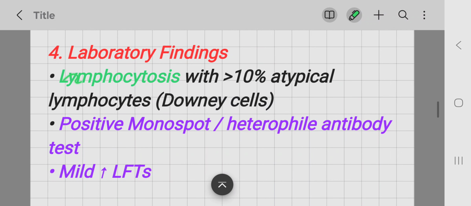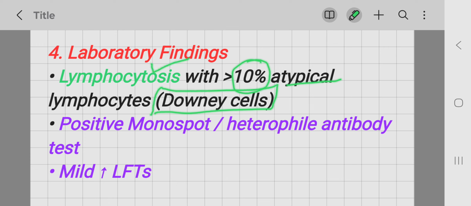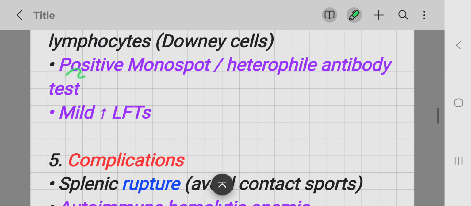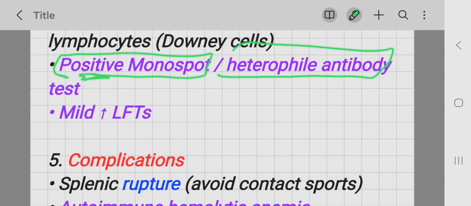Laboratory findings. When you perform a CBC, it shows lymphocytosis, and on peripheral smear there are more than 10% atypical lymphocytes, downy cells. There is a positive monospot test seen in infectious mononucleosis, also known as the heterophile antibody test, and it is diagnostic for infectious mononucleosis.